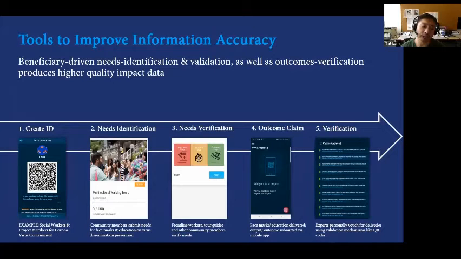The technology tries to improve information accuracy and also decentralize the task or workforce of impact measurement and impact validation.